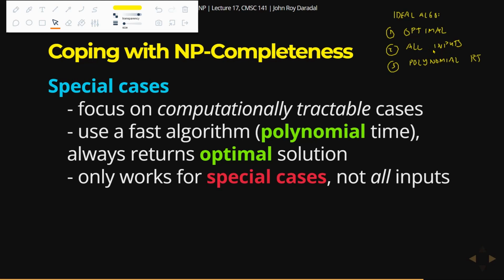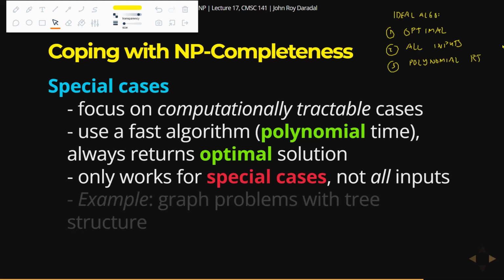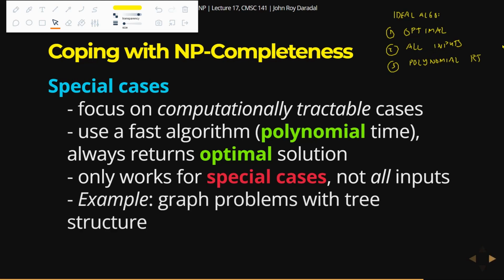It doesn't work for all inputs but only for special cases. An example of this would be some graph problems that are NP complete could have a polynomial time algorithm if we focused only on trees. It will only work all of the time if the graph is a tree.